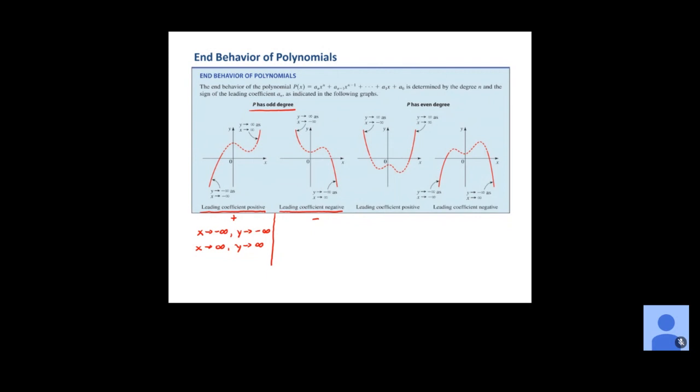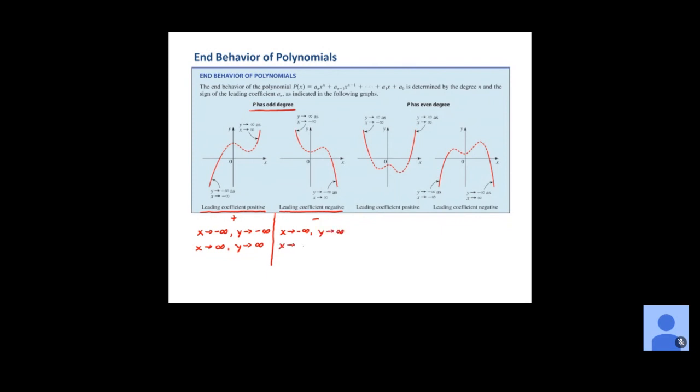Okay, let's look at the next graph. So again, I want to try to describe this. I'm going to look as x approaches negative infinity first. So for that second graph, as x goes to negative infinity, what's happening to the y values? It's going towards positive infinity, right? So we would say y approaches positive infinity.